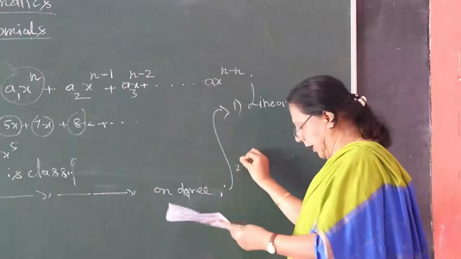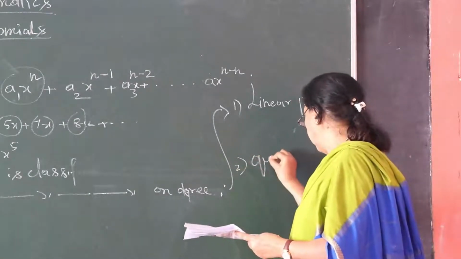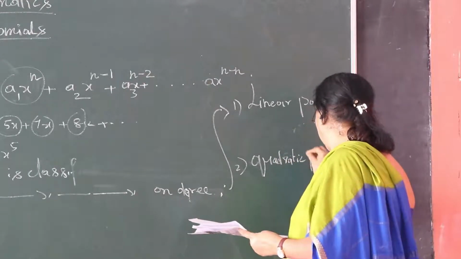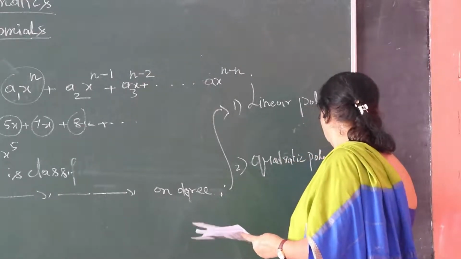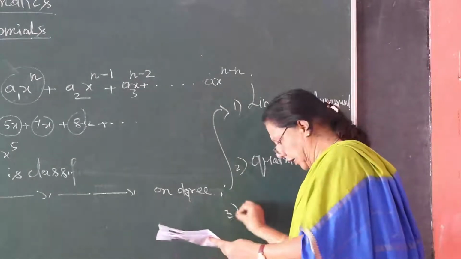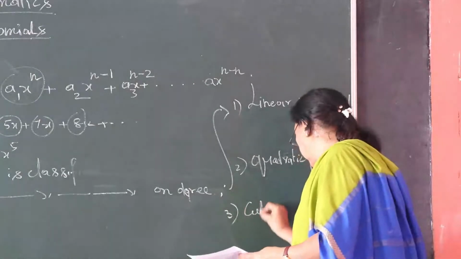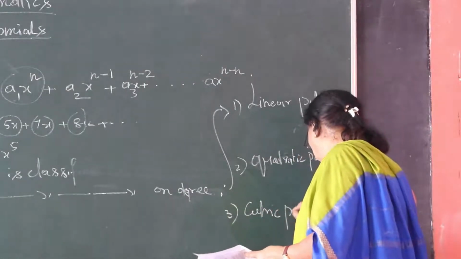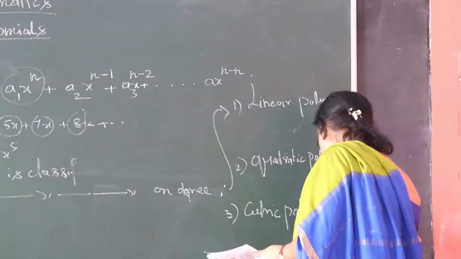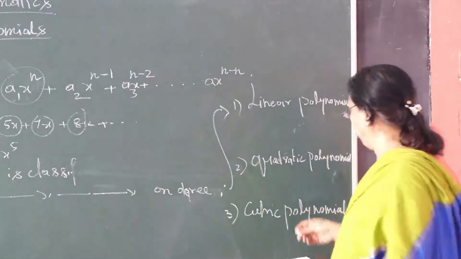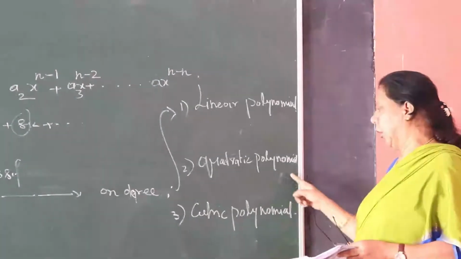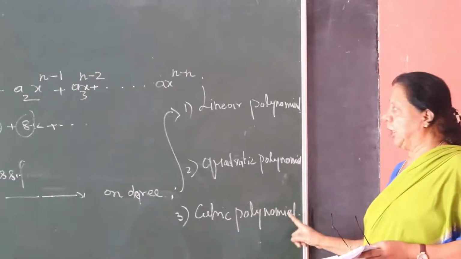The second one is quadratic polynomial. So third one is cubic polynomial. Understand, children? Call out all of you. Linear polynomial, quadratic polynomial, cubic polynomial.